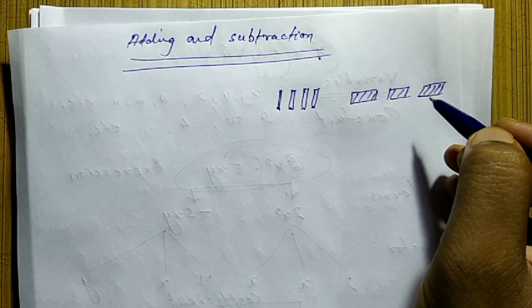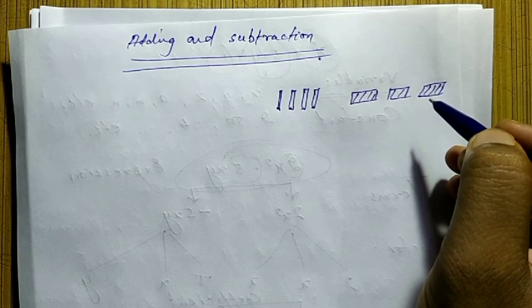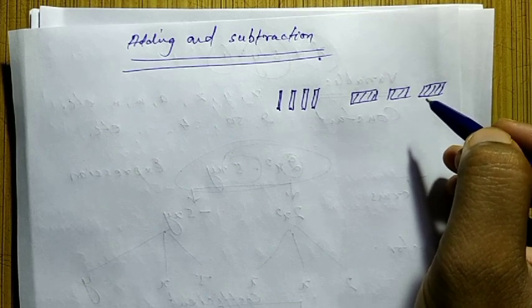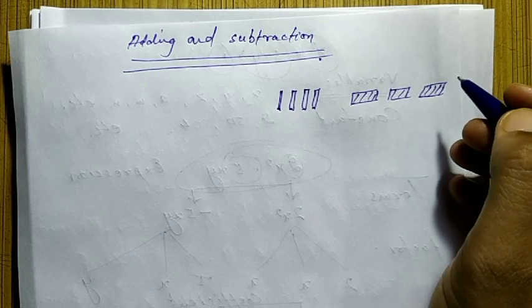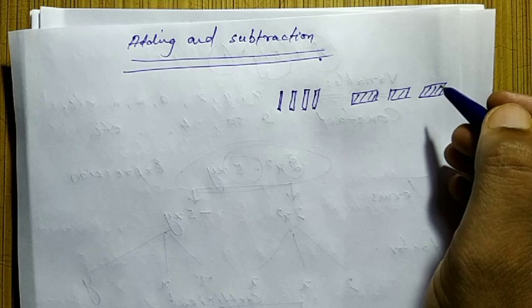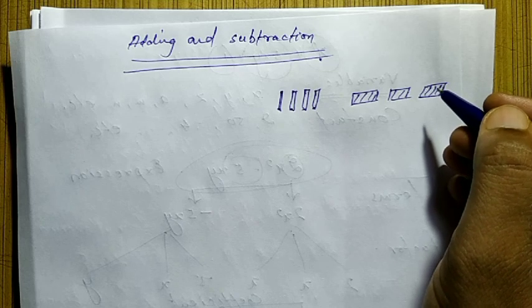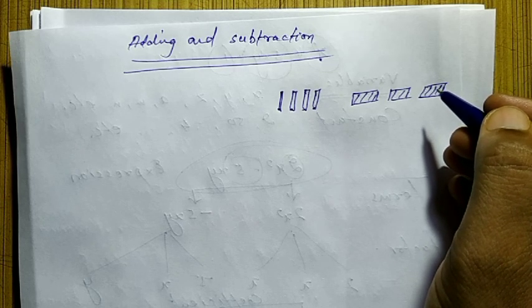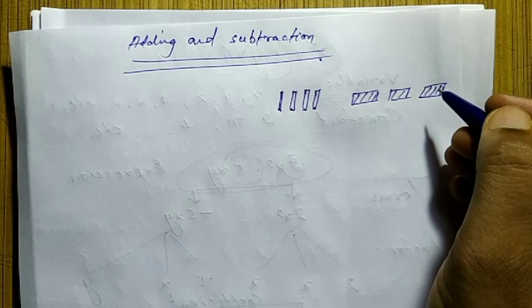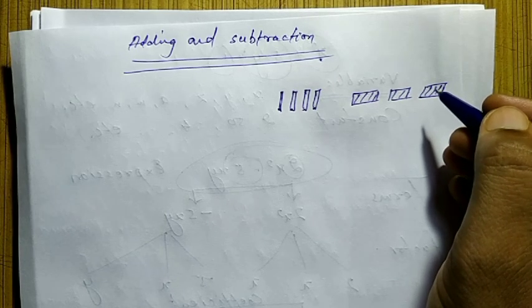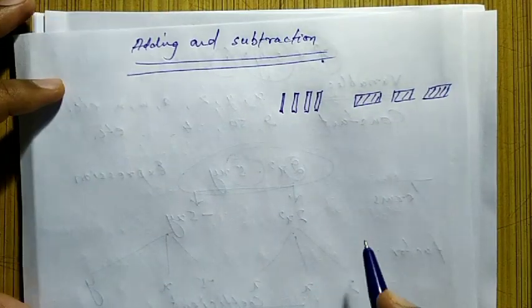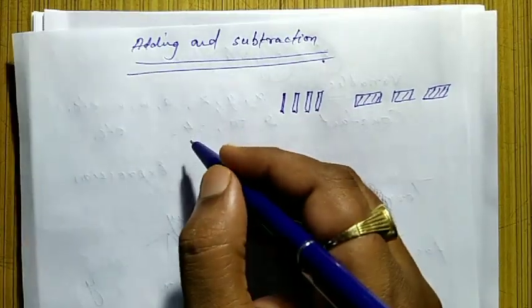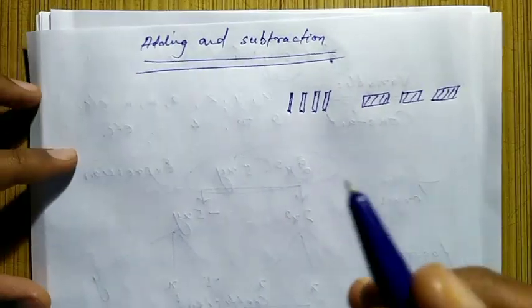So always in an algebraic expression, we add and subtract only like terms. Thus the sum of two or more like terms is a like term with a numerical coefficient equal to the sum of the numerical coefficients of all the like terms. See how to add.